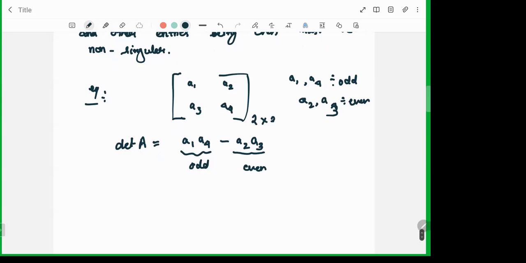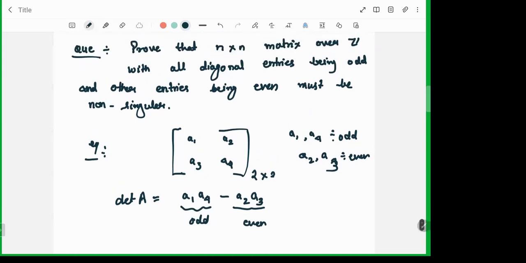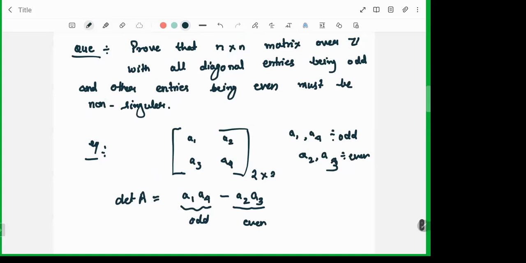So how will you prove this in general? Suppose you try to apply induction. For n equals 2, this is true, as we have proved.